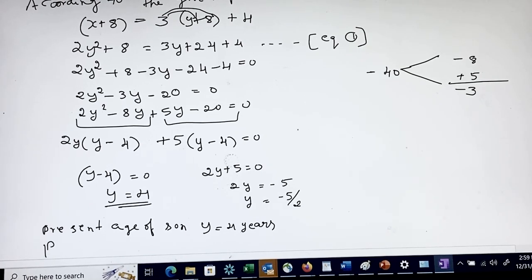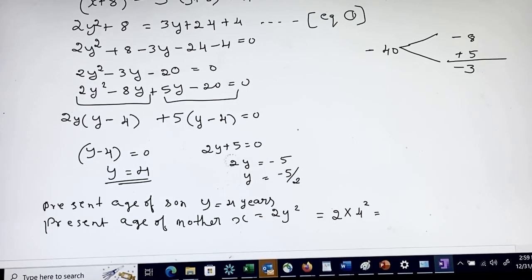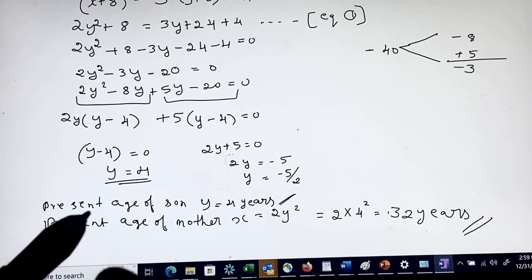Present age of mother is x, that is 2y square, which is 2 into 4 square, that is 32 years. This is mother's age and 4 years is son's age. Okay, I hope it's clear.